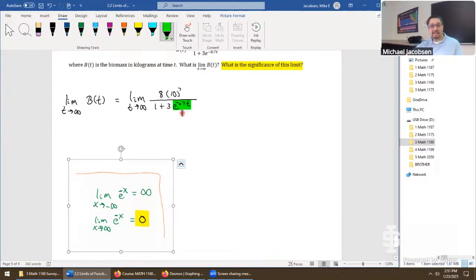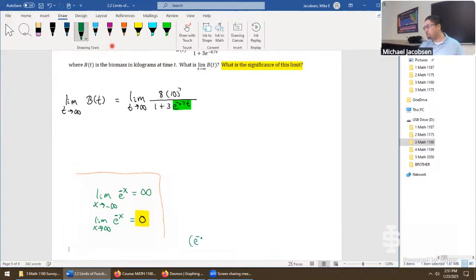But the one thing that might seem weird at first is, notice this is just e to the negative x, or negative t if you change the variable, and this is negative 0.7t. It kind of feels like a different function, but there are loads of things you can do with this. One is you can rewrite e to the power negative 0.7t as e to the power of negative t, to the power of 0.7. By the exponent laws, the exponent of 0.7 multiplies the exponent of negative t.